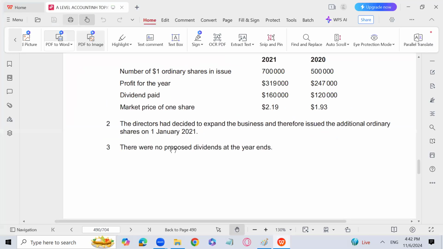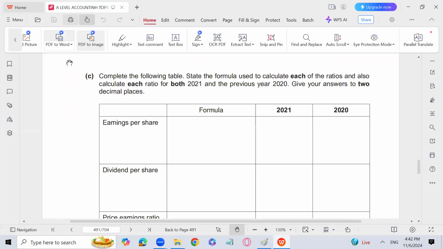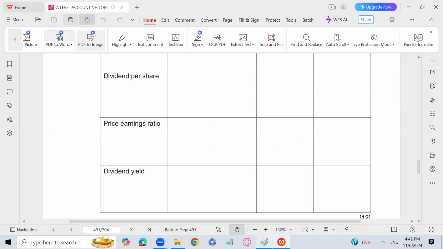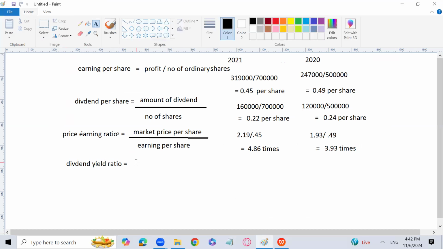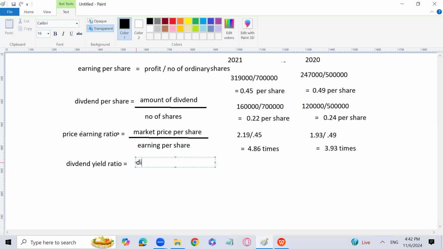Okay. Next ratio which we are going to calculate is the dividend yield ratio. We have discussed that already. The formula is dividend per share over market price per share, multiplied by 100.